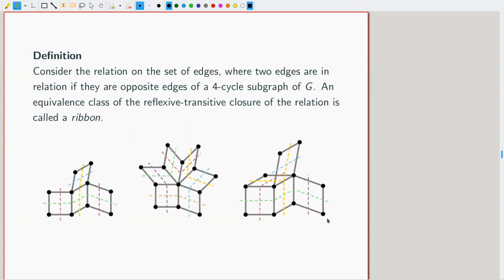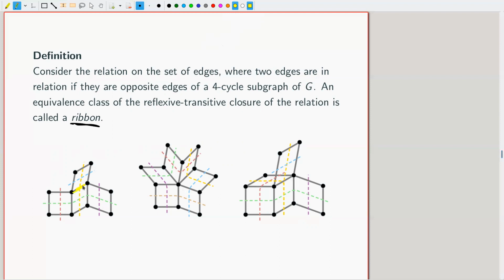So what we do is first we really specify what frameworks we consider. In order to do that, we introduce, as was also used in some previous works under various names, the notion of a ribbon. If you have a tiling, it's rather straightforward what a ribbon is. If we just consider a graph, we take a relation on the edge set, and two edges are in relation if they share a 4-cycle and they are opposite in the 4-cycle.